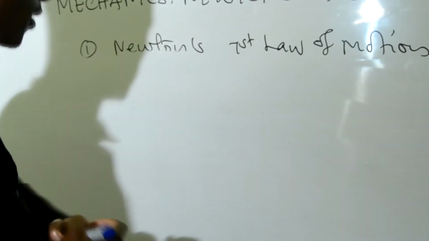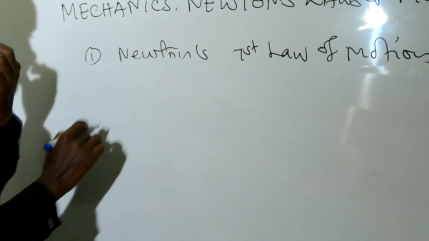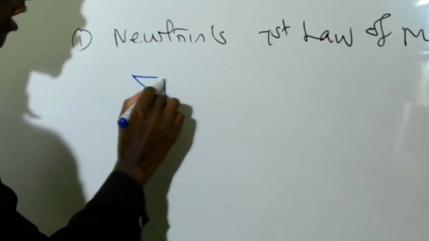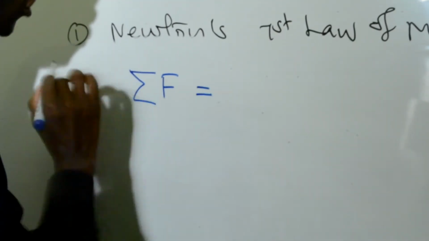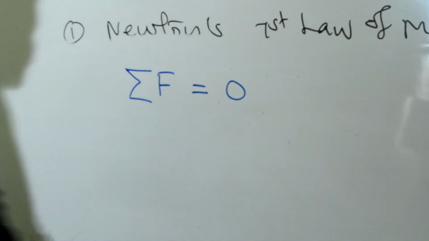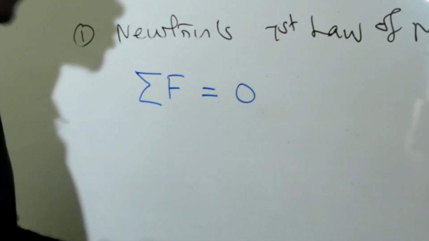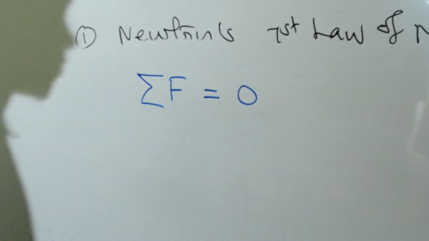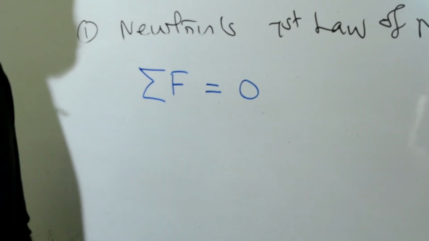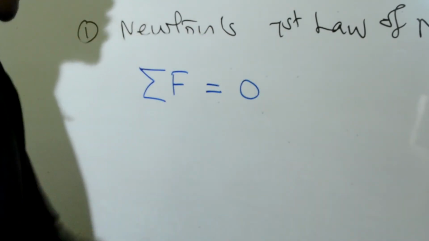Okay? Newton's first law of motion can mathematically be expressed as: the net force acting on an object is equal to 0. This means that there is no net force acting on the object, because the body proceeds to be at rest, or the body doesn't change its velocity.